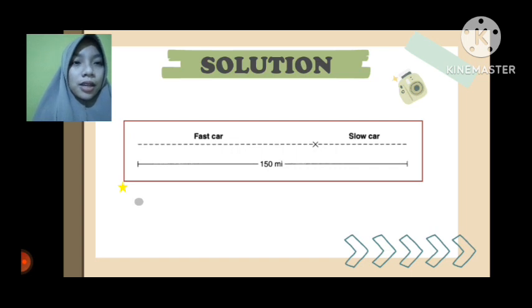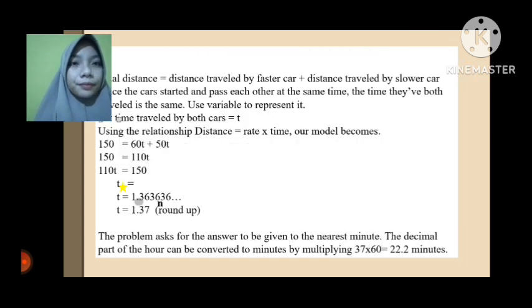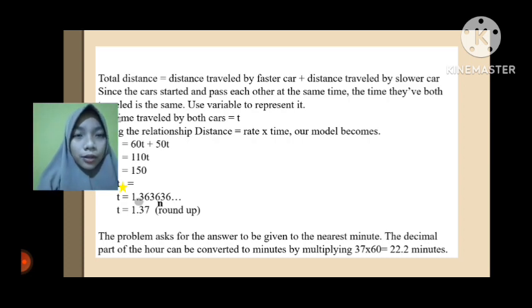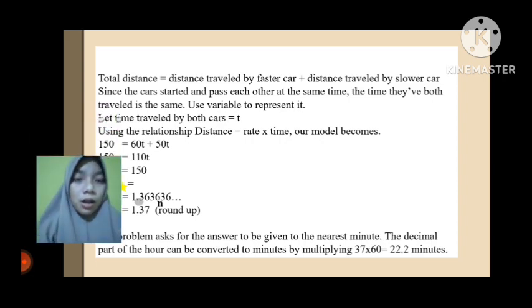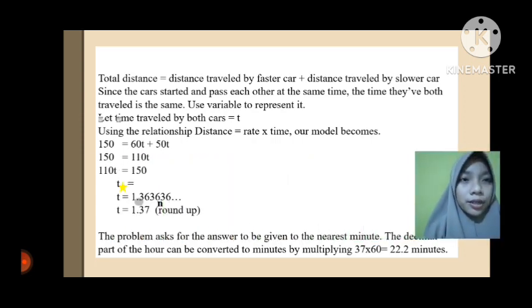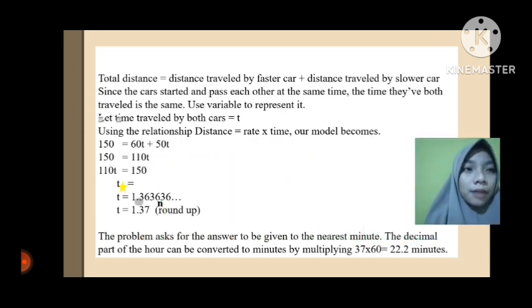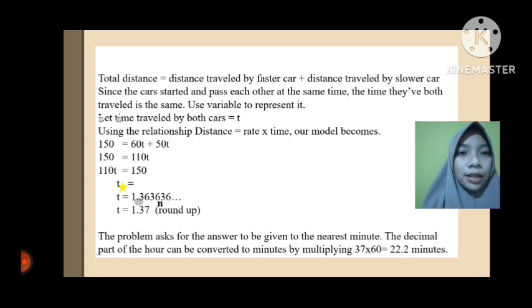The distance is 140 miles. Now we know the total distance is equal to the distance traveled by the faster car plus the distance traveled by the slow car. Since the cars started and passed each other at the same time, the time they have both traveled is the same. We use a variable to represent it. Now we let the time traveled by both cars be t.